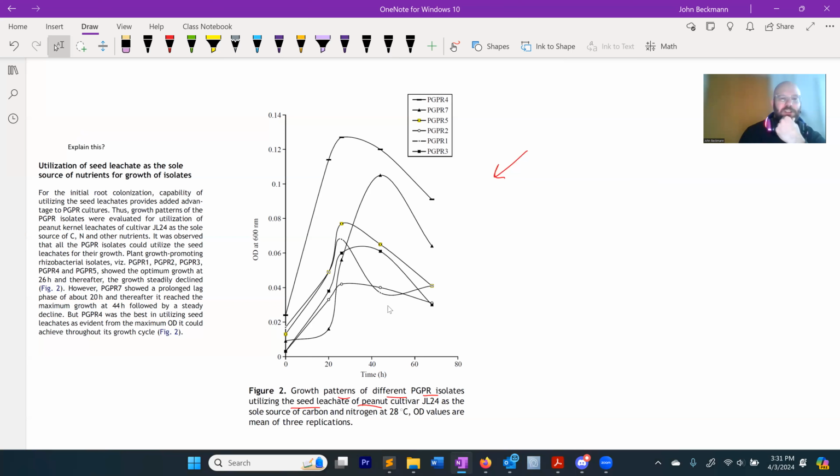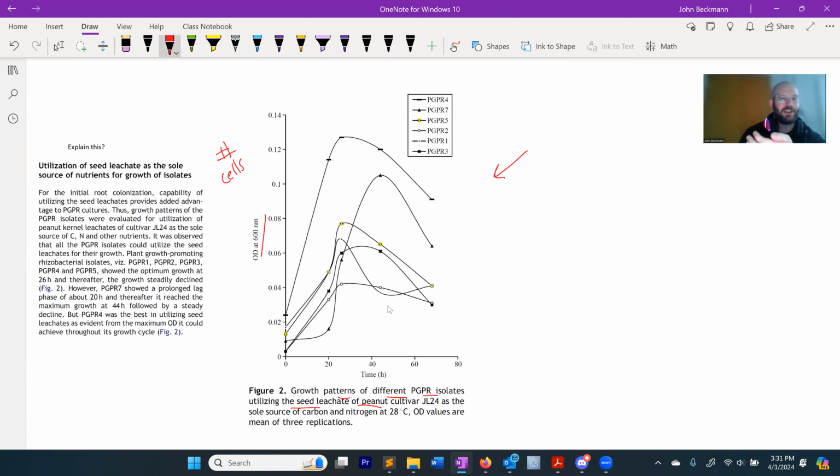On the y-axis, what are they measuring? Yes, it's optical density. Yes, they use a spectrophotometer at 600 nanometers. What's actually being shown then on the y-axis? What is this a proxy for? Yes, so essentially on the y-axis is number of cells.